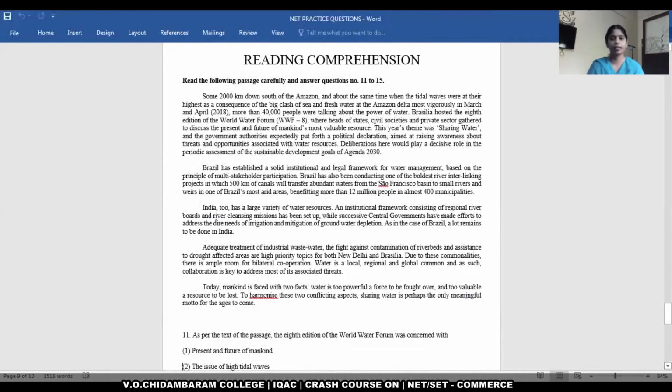Just have a look at the passage. When you look at the passage, you can easily understand it's about water resources, the power of water.